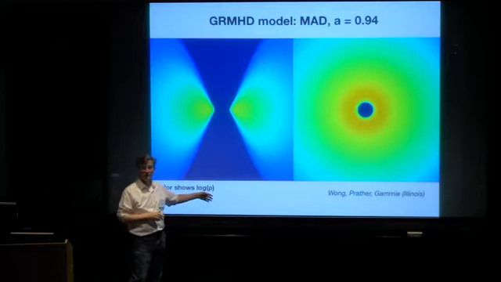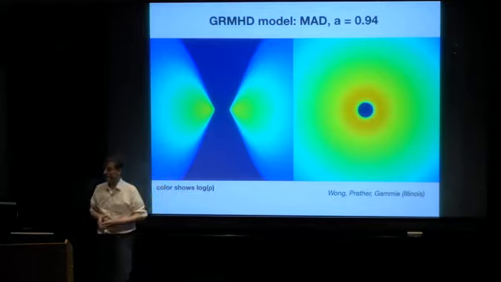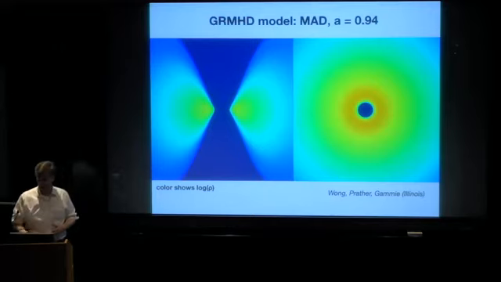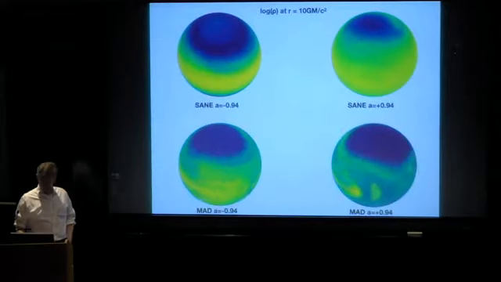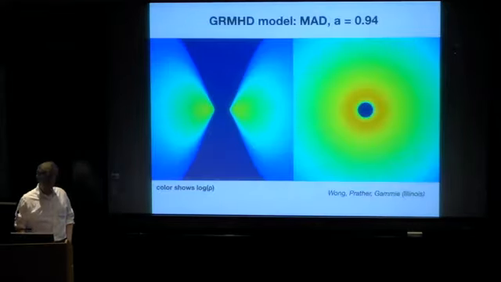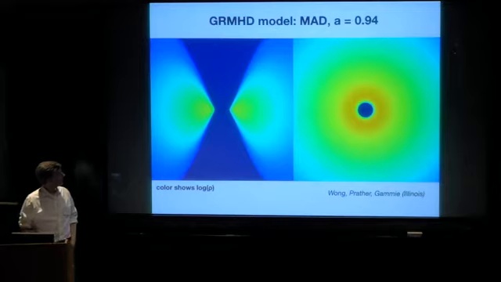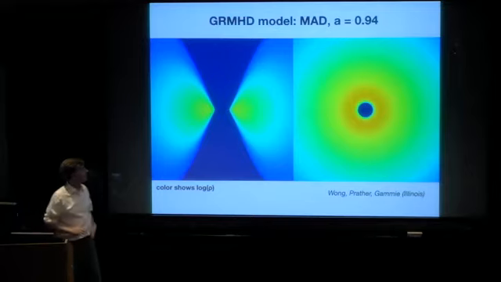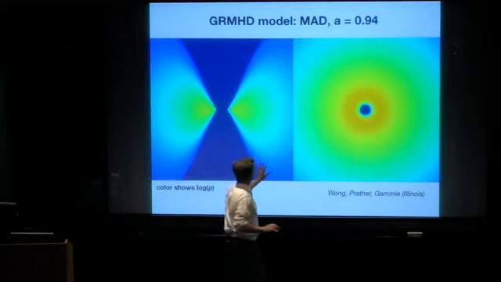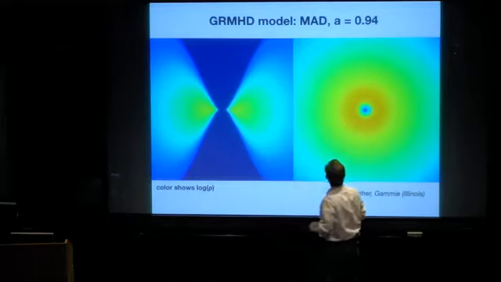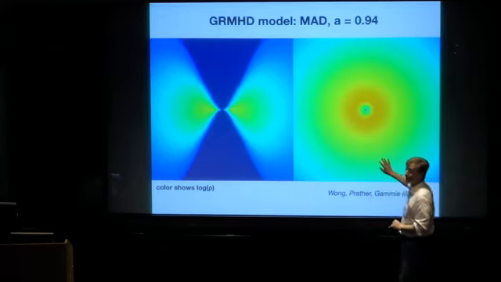So color here shows the log of the rest mass density. And I'm about to run out of time here. I think I have 15 minutes left. So let me zip through this stuff. Okay, so it takes a little while for this to go through. This is a slice through the poloidal plane, and this is an equatorial slice.